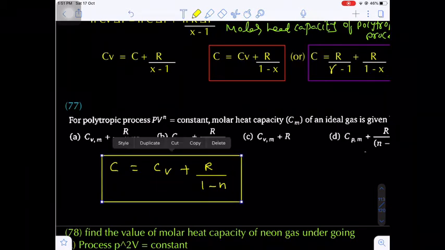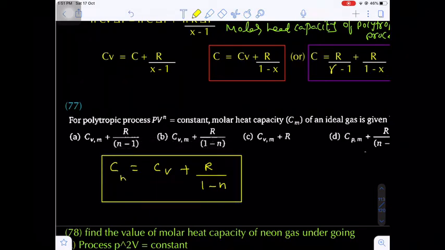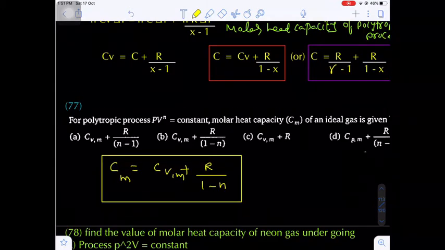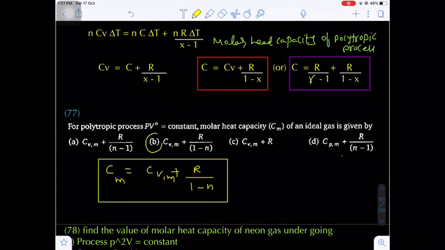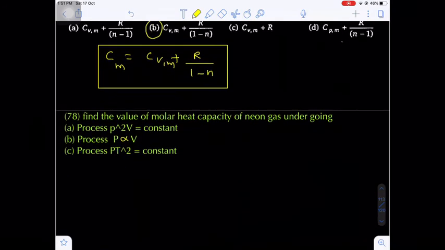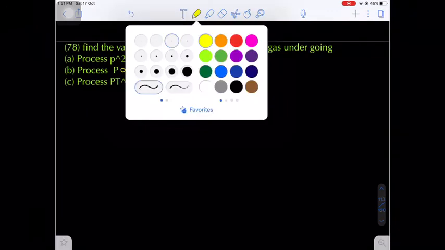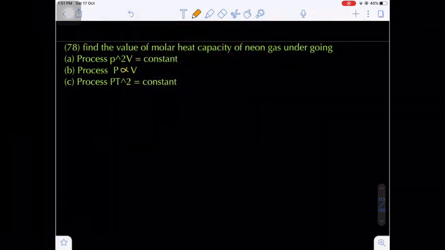Are you getting my point? Now here I am writing m. Why am I writing m? This is molar heat capacity. Here also, if I write the m, that will be Cvm, that is molar heat capacity at constant volume. So which option is correct here? Option B is the correct option. Are you getting my point? Now come to question number 78.